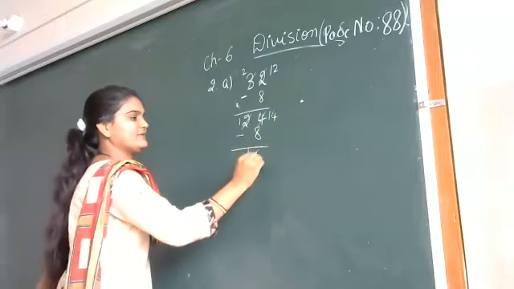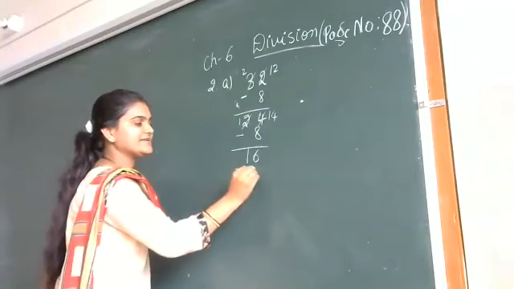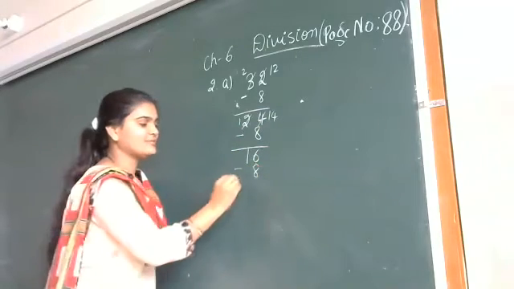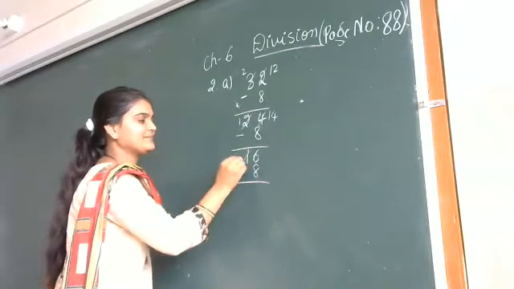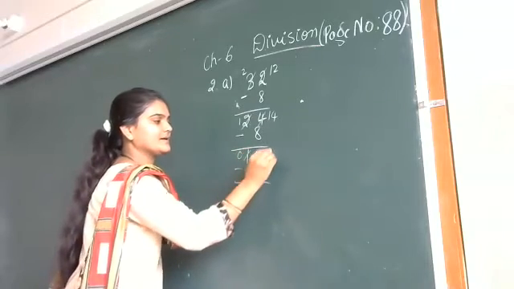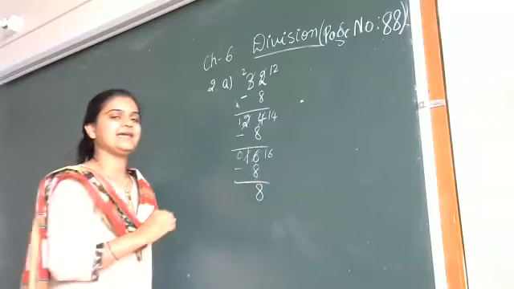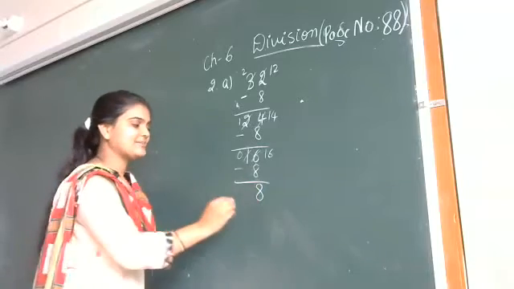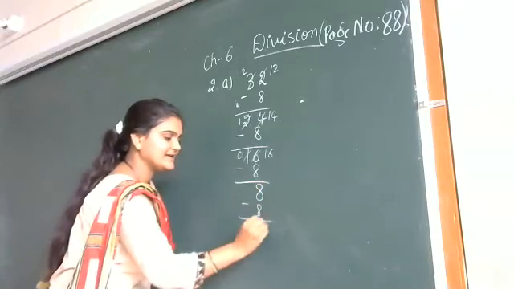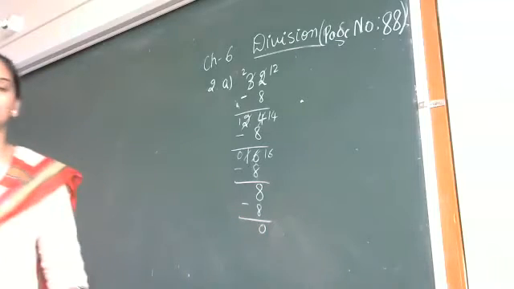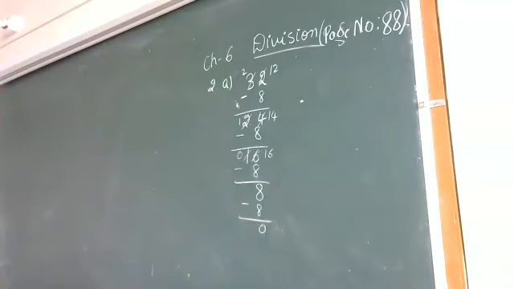Yes, 16. Very good. Next, again subtract 8 from this. 16 minus 8 is 8. Again subtract 8 from this. It will be 0. Very good.